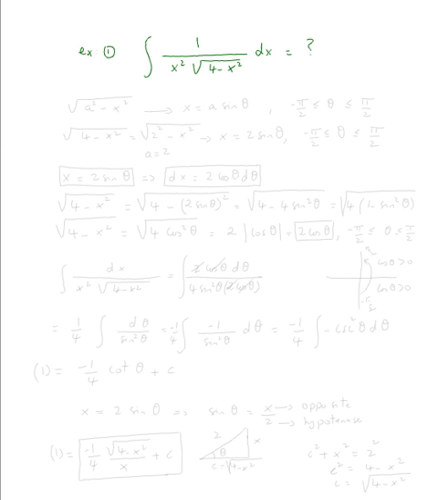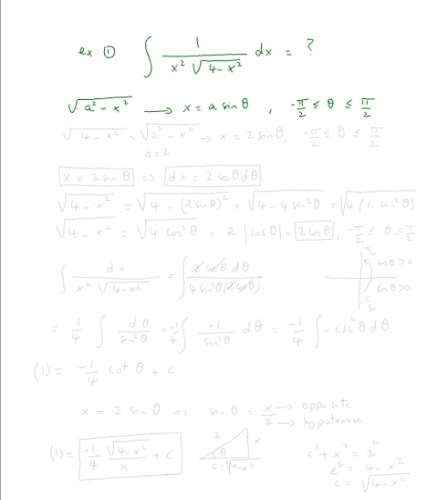The immediate objective here is to eliminate the square root term. We are going to be using the formula square root of a squared minus x squared. Since we have square root of a squared minus x squared, we're going to be using the substitution x equal a sine theta, and theta is between negative pi over 2 and pi over 2.